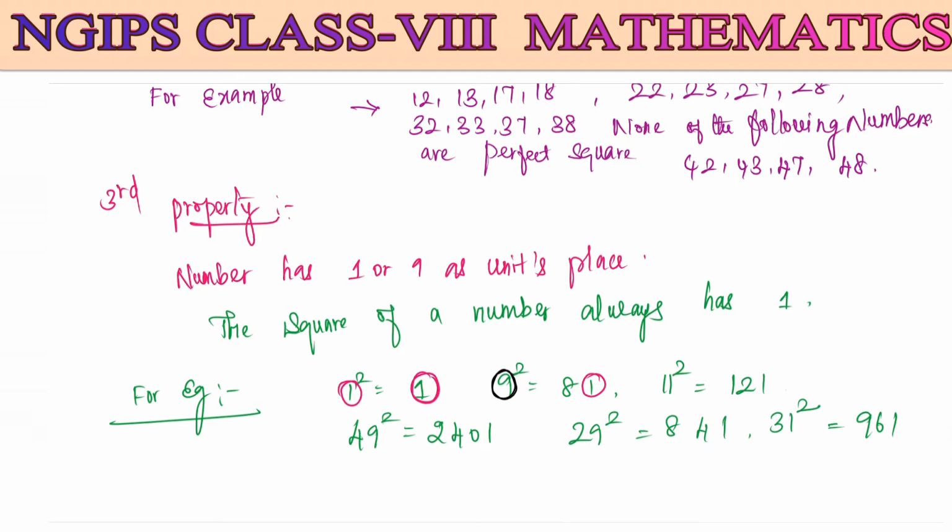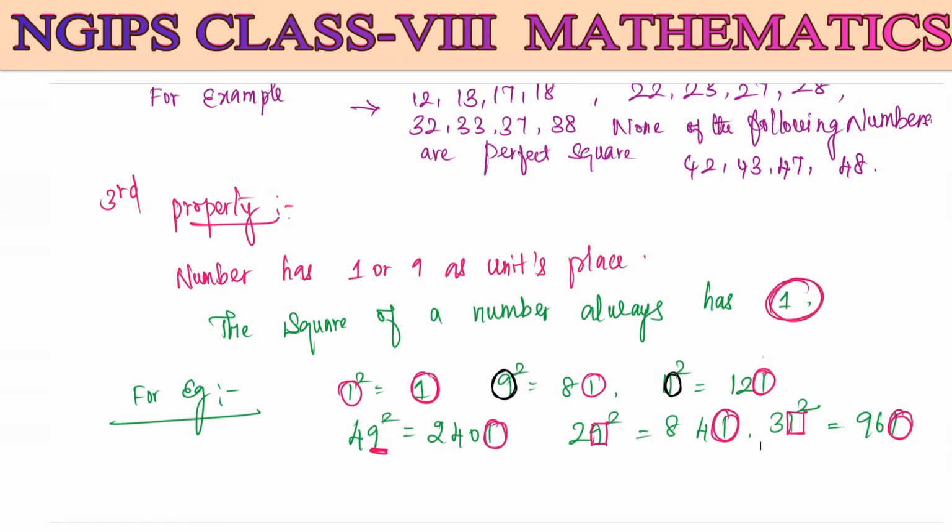When the unit digit is 9, the unit digit of the square is also going to be 1. So when the numbers have 1 or 9 in the unit place, the square's unit digit is always going to be 1.